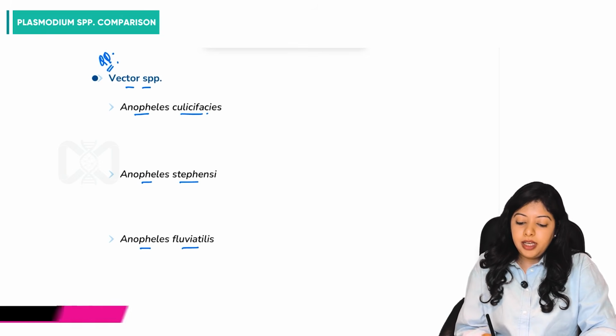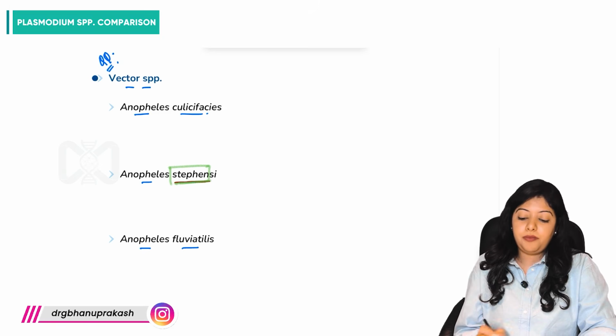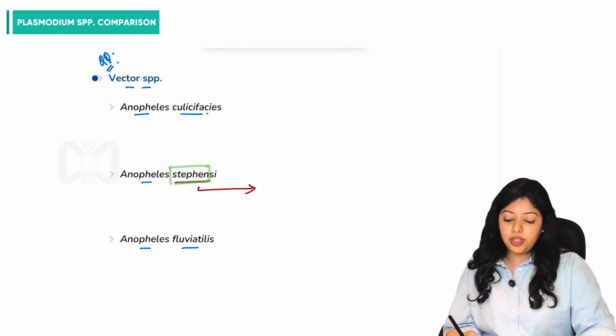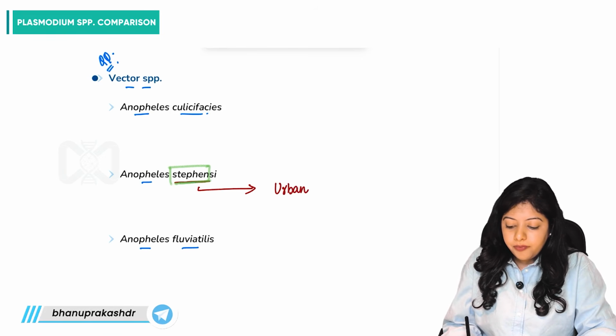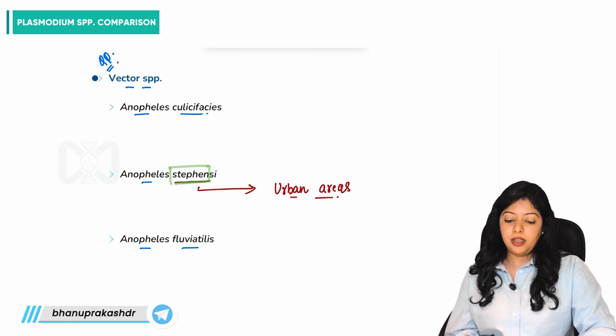So let's see. Stephen, if we see this word Stephen, Stephen is an urban name, it's an English name. So it affects urban areas, responsible for fever in urban areas, right?